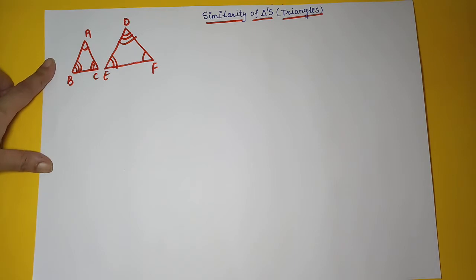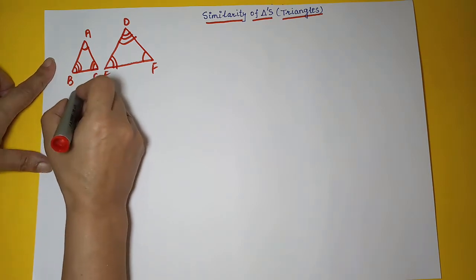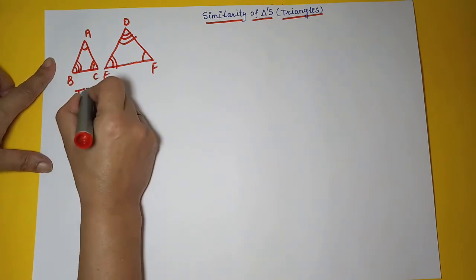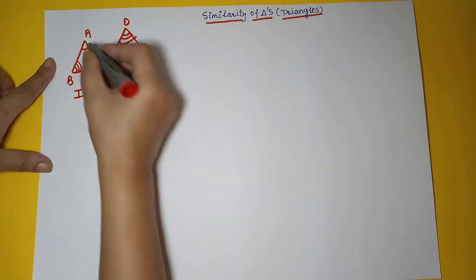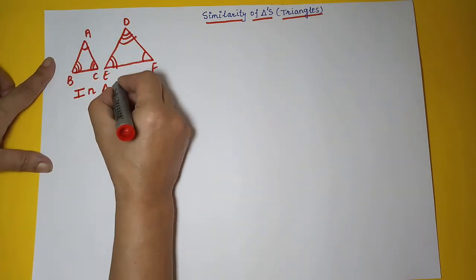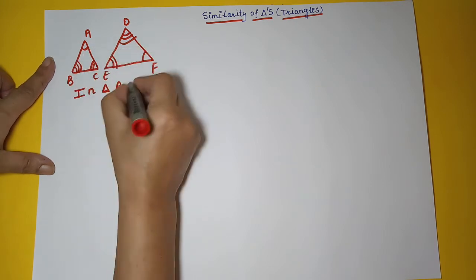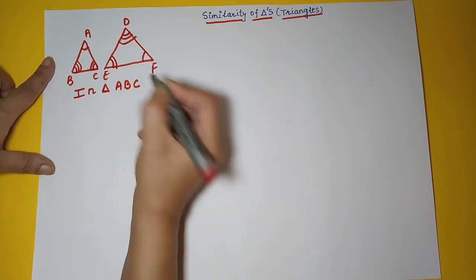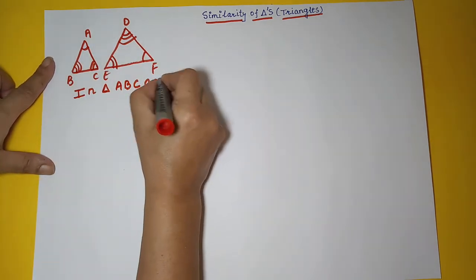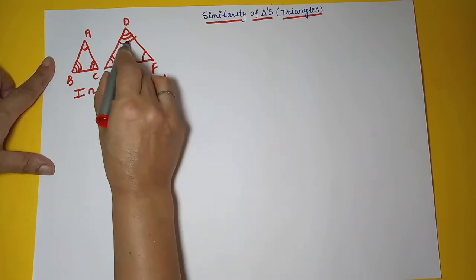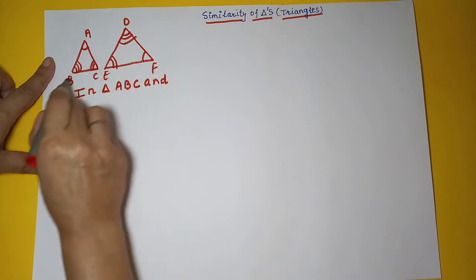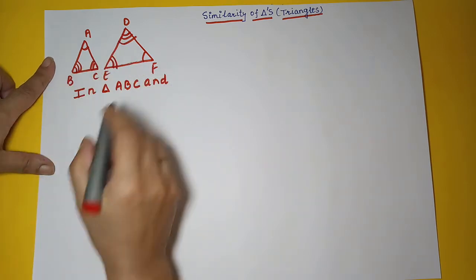So when you are proving the two triangles similar, you have to write it in a proper manner. So how do I write this? When I am naming the triangles, suppose I have named it as A, B, C, and then for the second triangle, I have to choose according to the corresponding angles which are equal to each other.